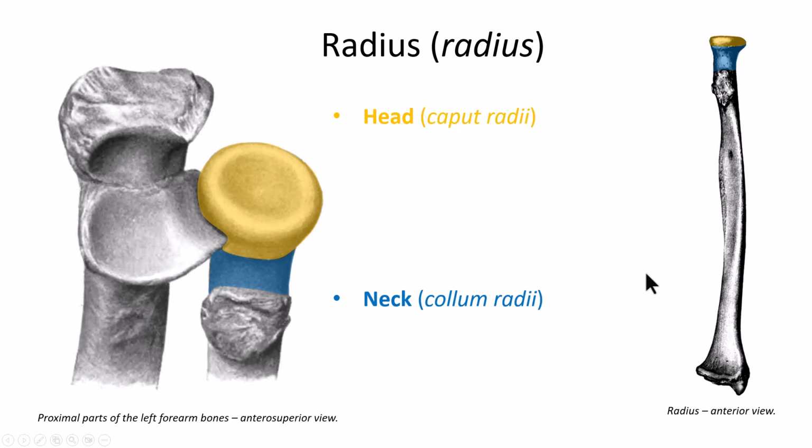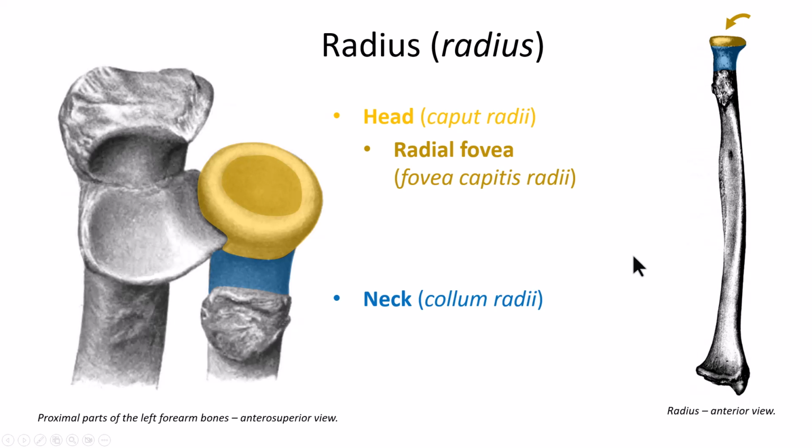Now let us look more closely at the head. In general, it is covered with an articular surface, and looking at it from above, we notice the radial fovea, fovea capitis radii. I marked it in beige on the left, and on the right I indicated it with an arrow. This is of course the necessary depression in which the humeral head fits, about which I will explain more shortly.